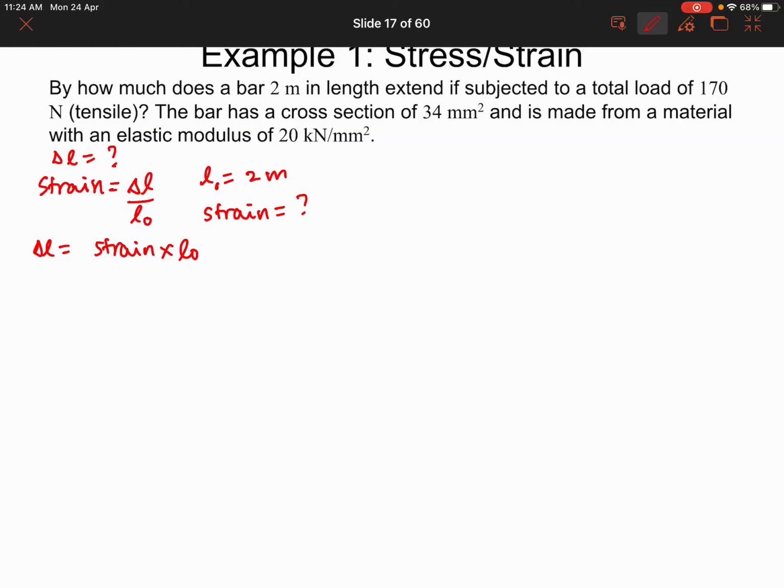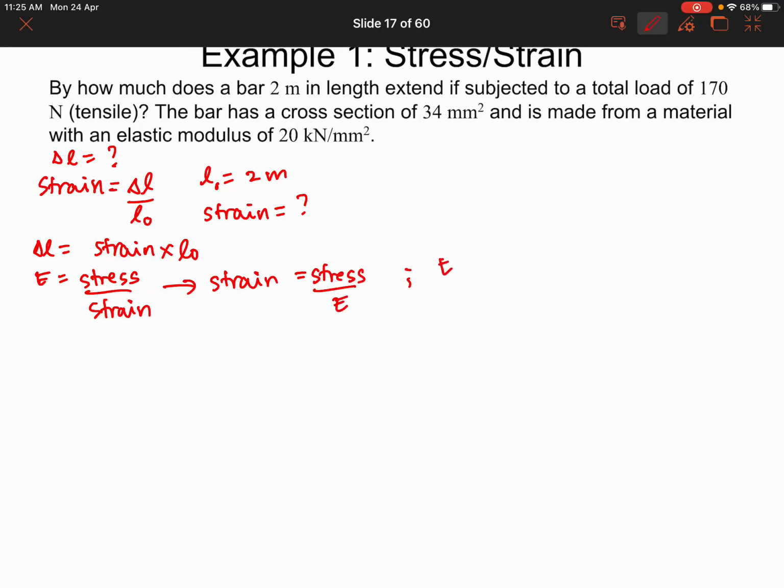So we know that the elastic modulus is equal to stress over strain. So for us to know the strain, we need to... Yes, stress over strain. So we want strain, that's stress over the elastic modulus.